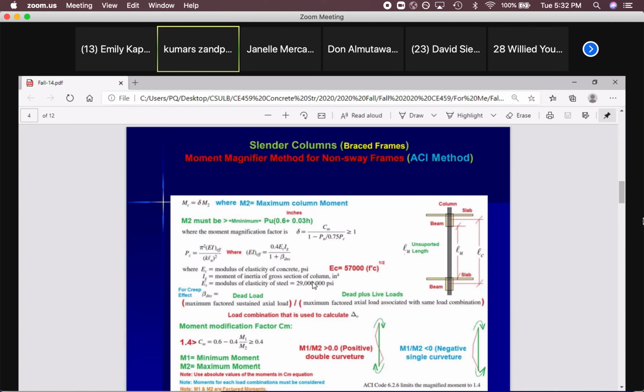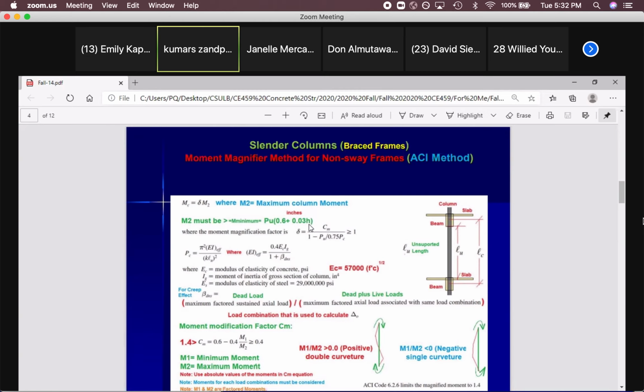That's the method. First of all, the code asks us, because in some frames the moment on the column is very small, to calculate the minimum required moment for that column. How? We know the PU on this column, because we are going to design it. PU times (0.6 inches plus 0.03 times H). Everything here is in inches.